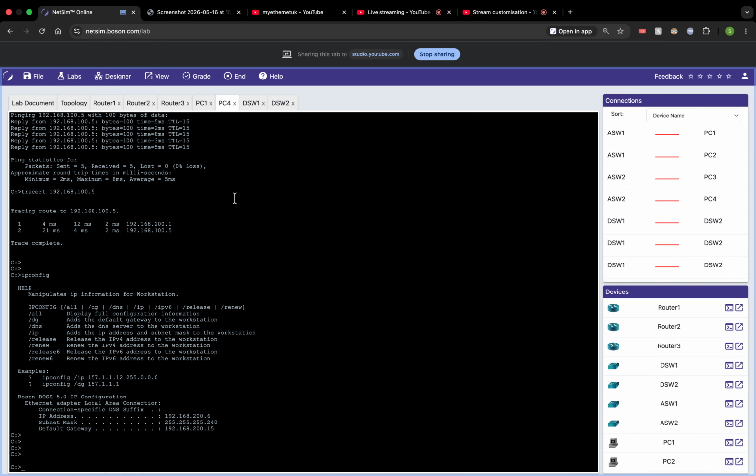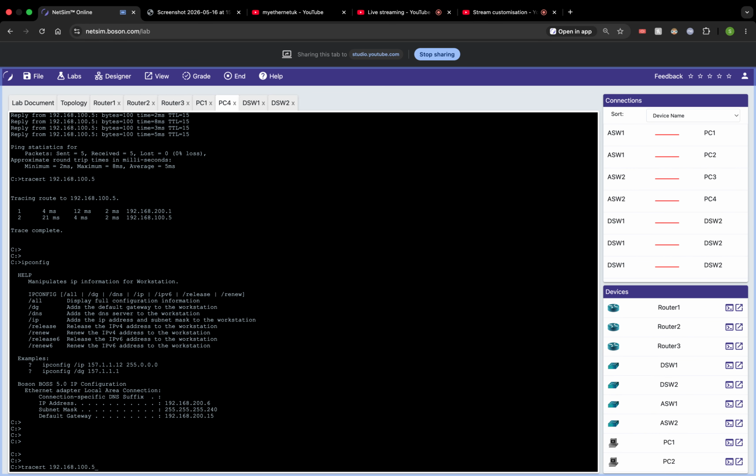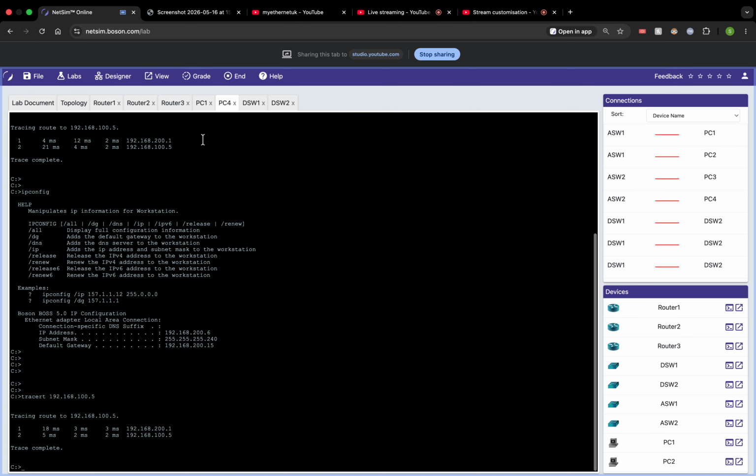The IP address we see here, 101 now rather than 102, is the IP address for DSW1, which is connected to VLAN 100.